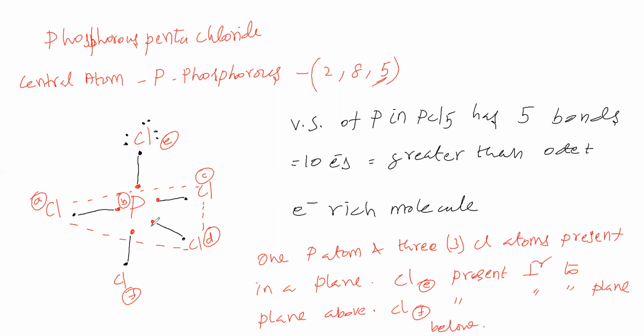So how is it there? Have we got an idea? That means this phosphorus atom and these three chlorine atoms, these four atoms, are present in one plane. This chlorine atom is present above this plane perpendicularly. This chlorine atom is present below this plane perpendicularly.